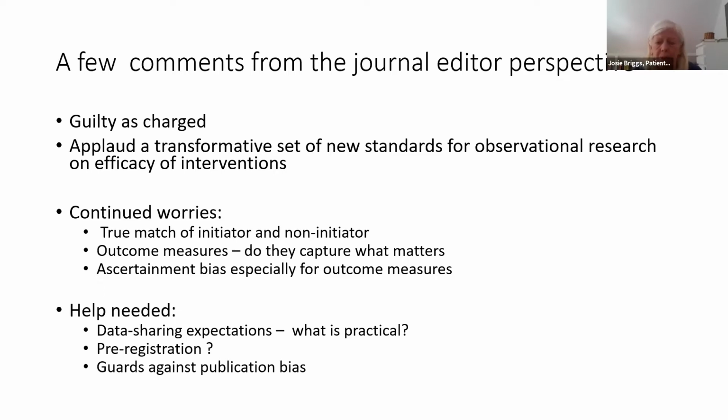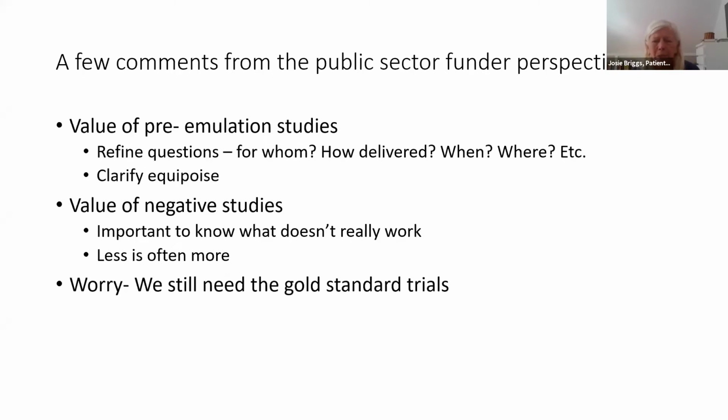I'm also interested in what people can tell us about how we guard against publication bias. I think publication bias is much less of a problem with RCTs. Well, it's still the problem of whether people actually write up the studies, but when they come to journals, I think we're all very comfortable in publishing negative studies. But that may be less so with this kind of work, and I think that's worth talking about and hearing advice on.